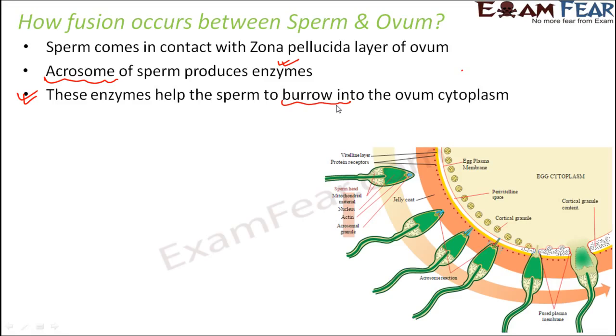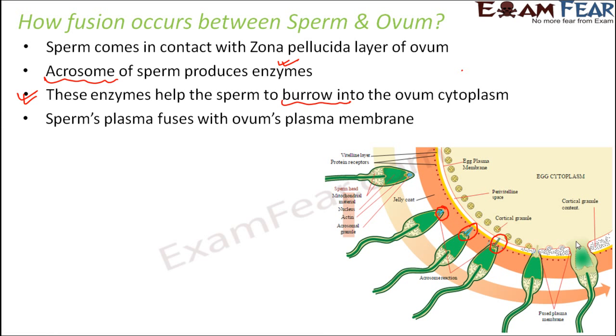So they are able to hydrolyze the membranes of the ovum, and that is how the sperm is able to burrow in. Here you can see this is the sperm. Initially it came in contact, gradually it kept on increasing. You see, this part is the acrosome, and the acrosome reaction is taking place, and that is why it is able to pierce through the membranes and enter into the cytoplasm.